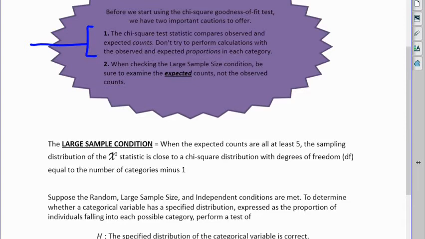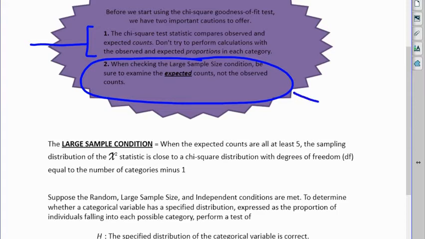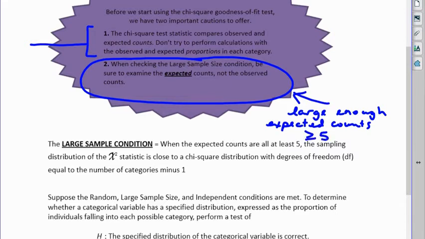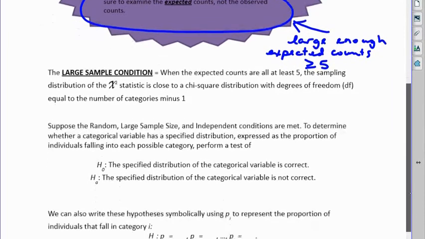And then the second condition, I don't know how well you can see this on the screen, but it's what I call the large enough condition. You need to have a large sample size, and by that they mean that the expected counts need to be greater than or equal to 5 in a category in order to do this.